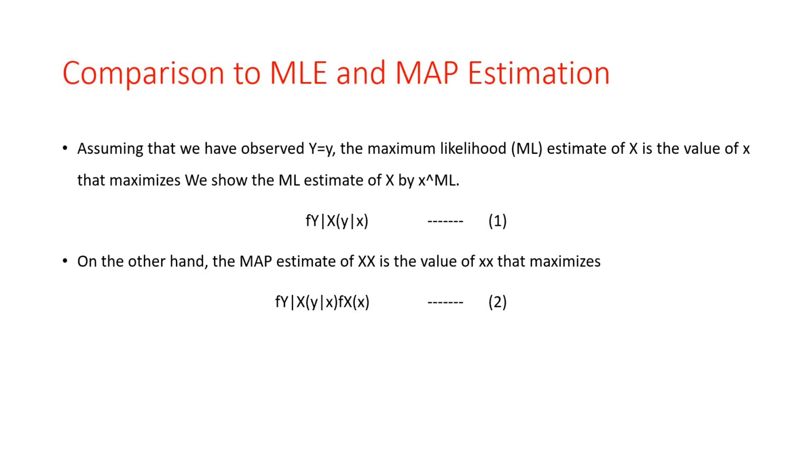So next is the comparison to the ML estimation. In the maximum likelihood estimation, which we already discussed in the previous video, assuming that we have observed Y equal to y, the maximum likelihood estimation of x is the value of x that maximizes f of y given x. What was the ML estimation? x raised to the power mn.